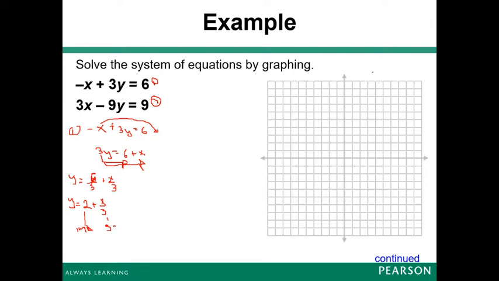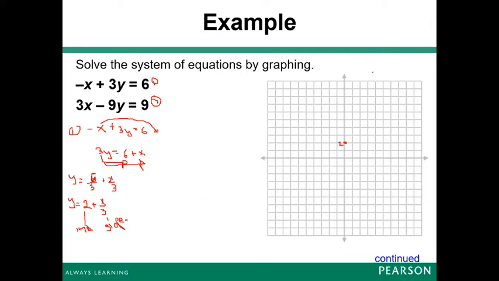So we can identify here the intercept with the y-axis, and we can identify the slope. Remember that in this case the intercept with the y-axis is 2.